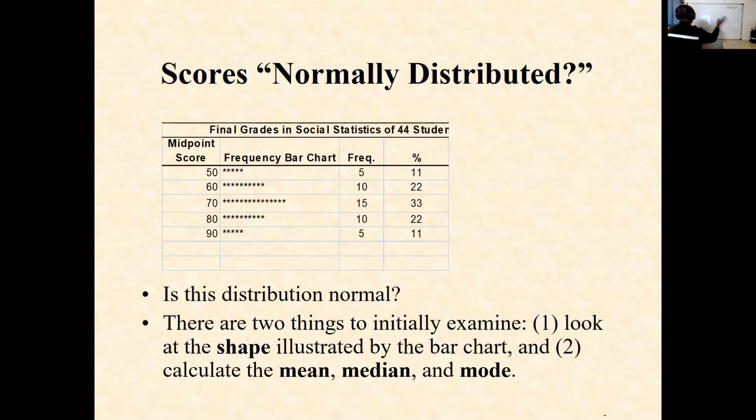Now, what we'd have to do to calculate the median is to create a cumulative percentage distribution, okay? So hopefully you all remember what a cumulative percentage distribution is from chapter 3. What you do is you add the percentage from the first category to the next categories and so on until you get 100% of the distribution. So we know that the percentage in the first category is 11%, right?